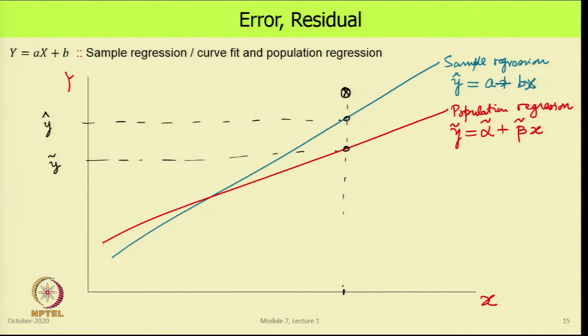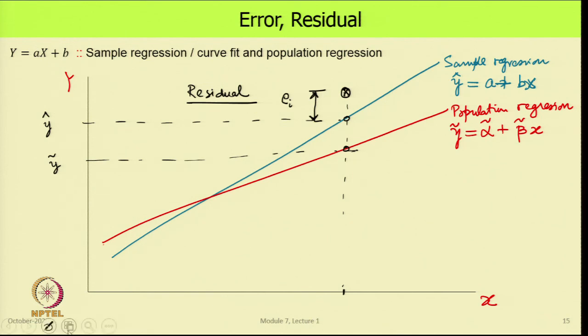So, this is the value from the sample regression, this is the value from the population regression, and this is our data point. So, now we define an important parameter: this difference is called the error ei, and this we call the residual. This is an important parameter that we will see later on, why it gives us a lot of information about what type of regression we made.